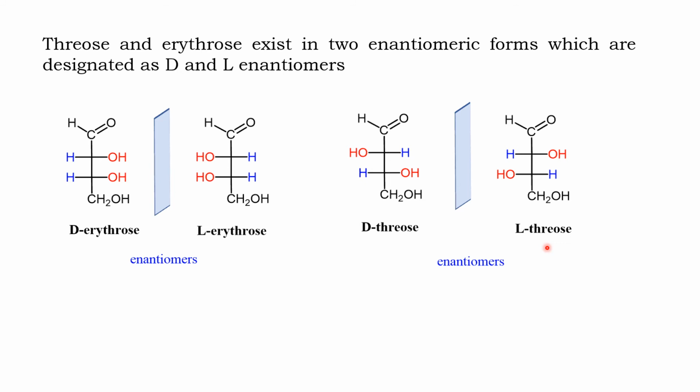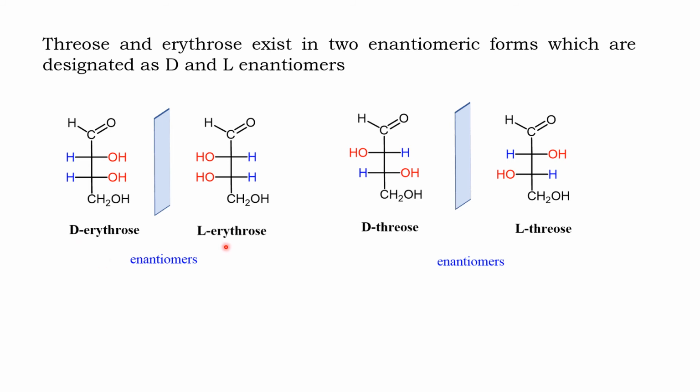Now, if I consider D and L configuration, see, this is the last asymmetric carbon atom. The OH group is on the right hand side. If the OH group is on the right hand side, it is called a D isomer or D configuration.